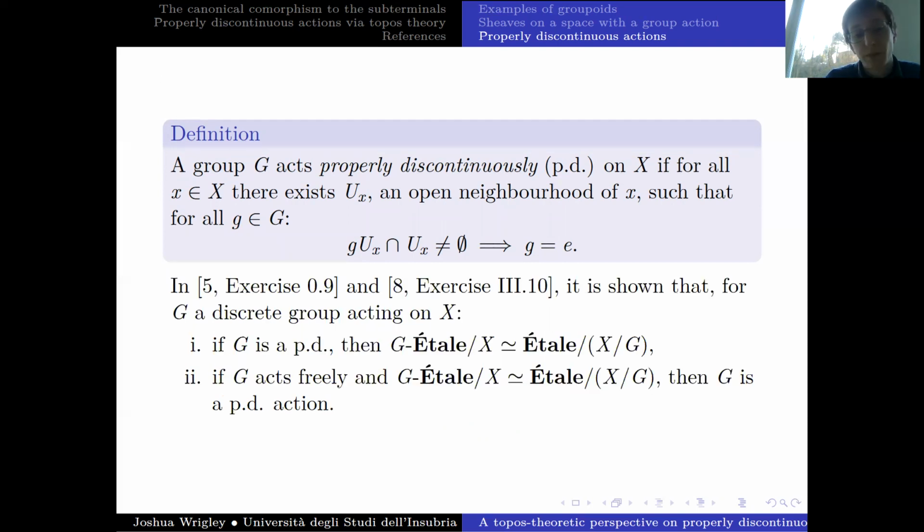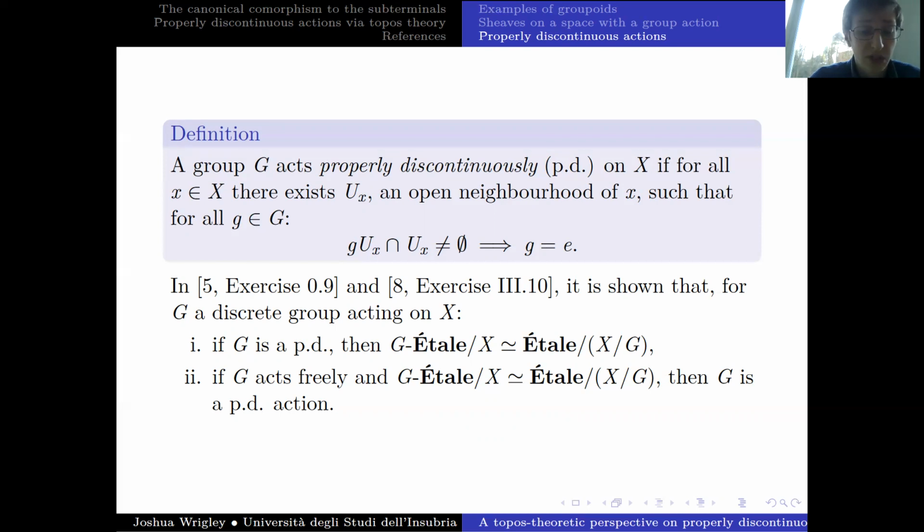Now, I mentioned Johnstone's Topos Theory and Sheaves in Geometry and Logic, and there are two exercises in these books where the link between properly discontinuous actions and the equivalence of G-equivariant sheaves over X with sheaves on the quotient space is explored.